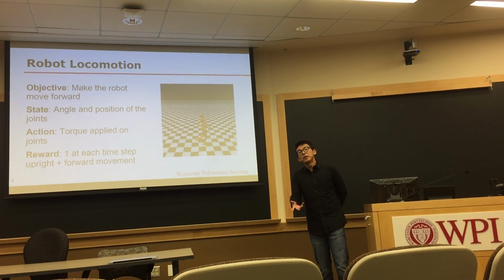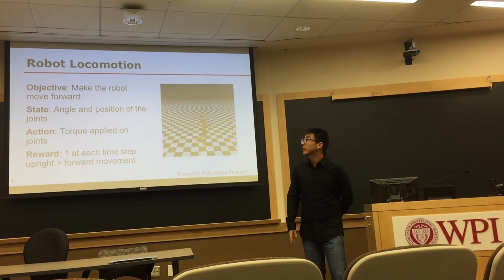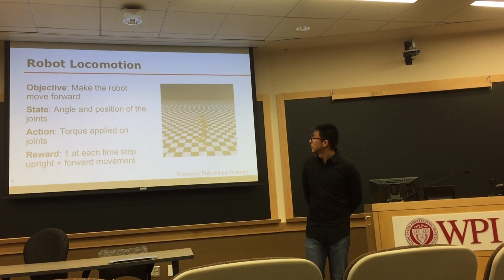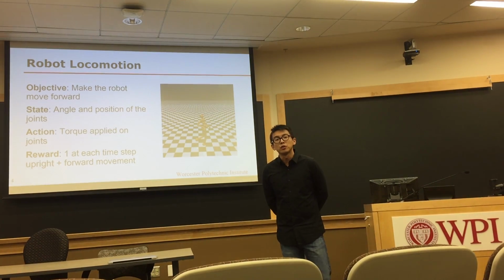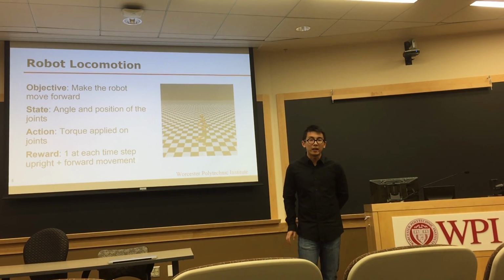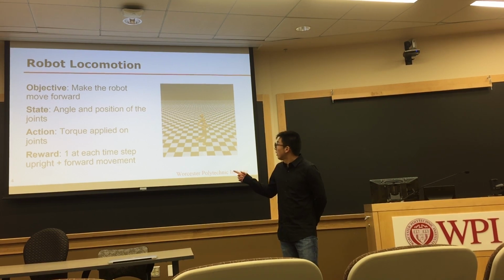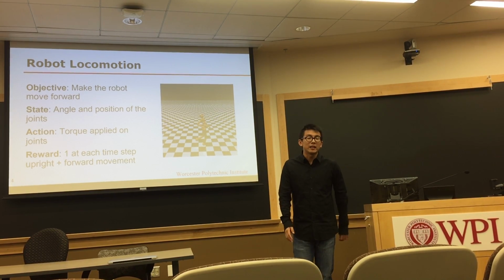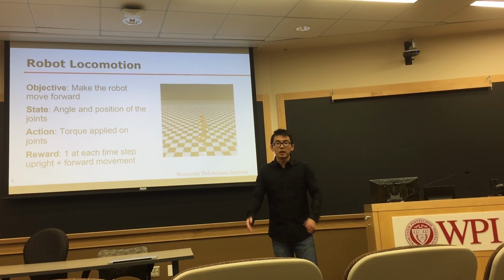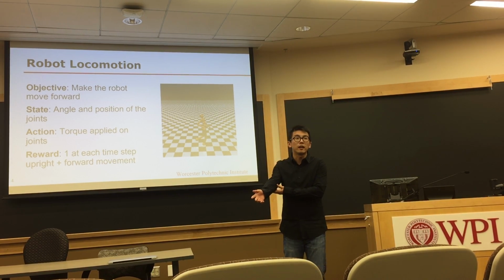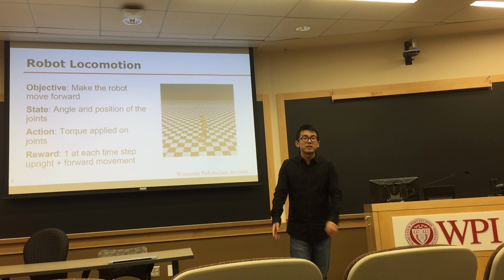Reinforcement learning has many applications. For example, this one, robot locomotion. The aim is to make the robot go forward, basically walking. Imagine a robot has many joints.